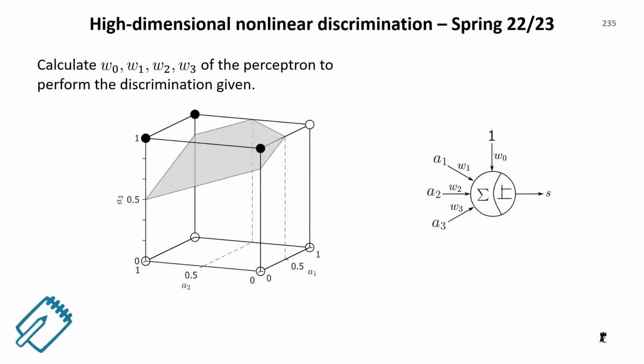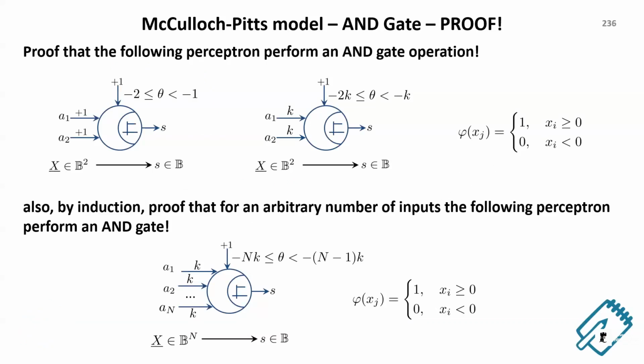This is just an example of a question from last year. So if we can draw it, of course we can find the orientation, and if you can find the orientation, you can find the weight. How do you find it? That's the mathematics that you need to revise.